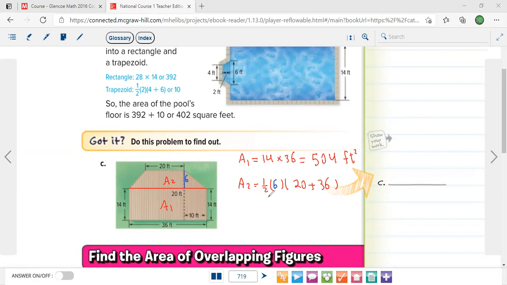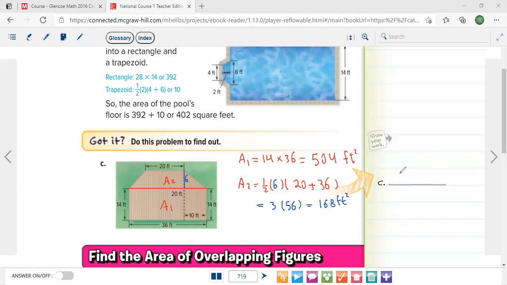So now, what is half of 6? Half of 6 is 3. 20 plus 36 is 56. 3 times 56 will give you 168 feet squared.